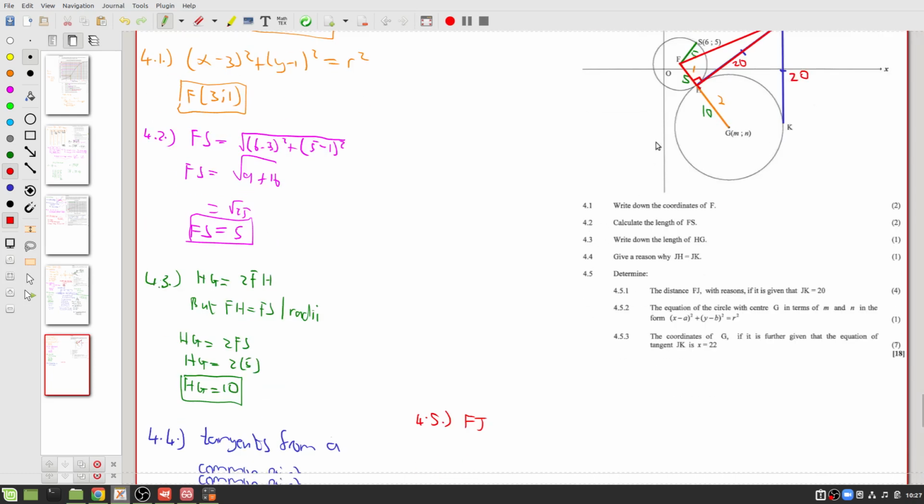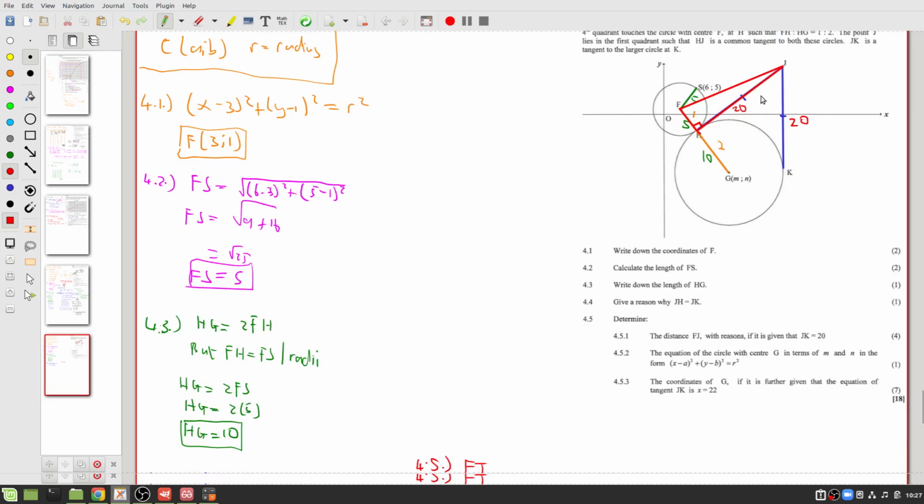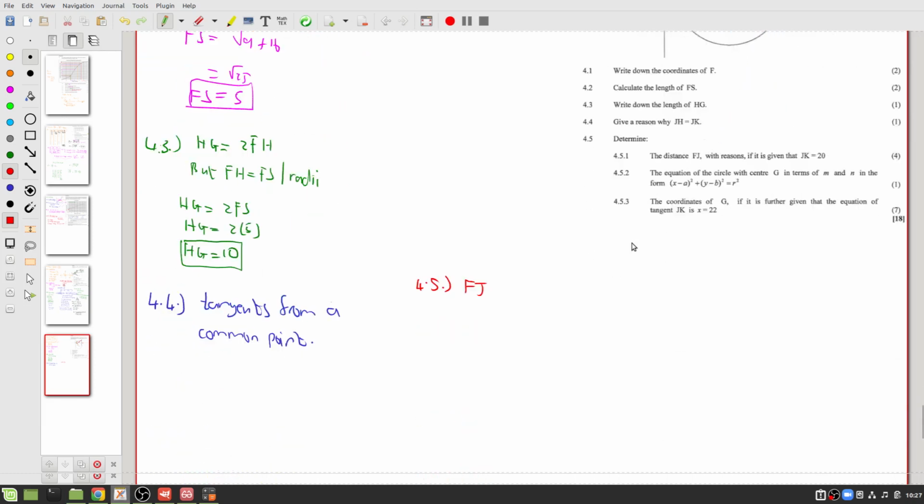So first, let's say that JH equals JK equals 20, and that was given. So that's our reason. We were told they're the same.